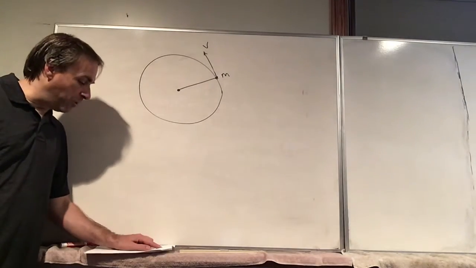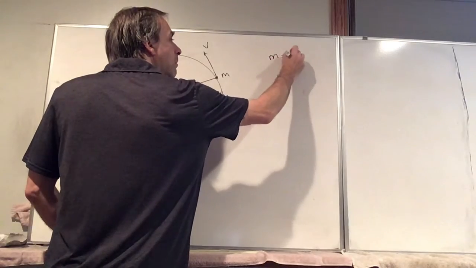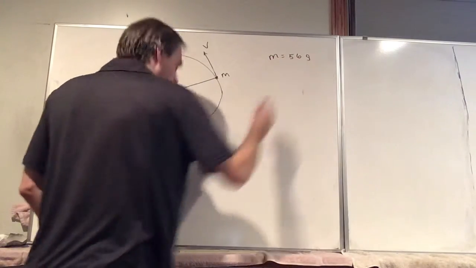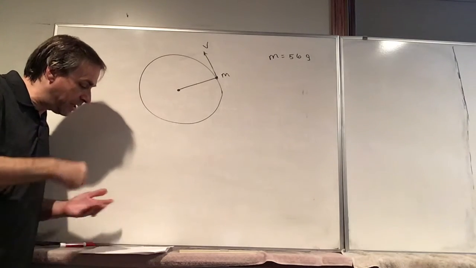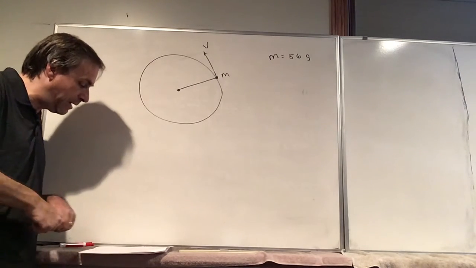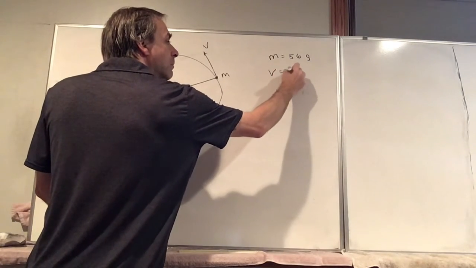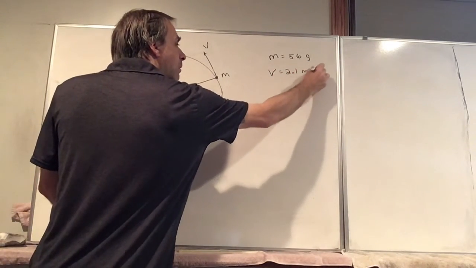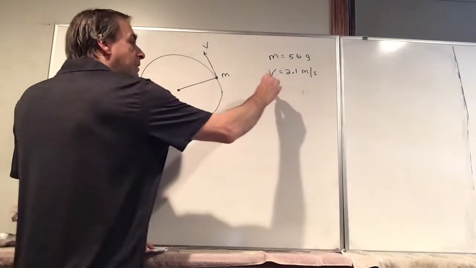But we have a small disc with a mass of 56 grams. It's on the end of a string. It's moving in a circle with constant speed of 2.1 meters per second. We're given a radius of 57 centimeters.